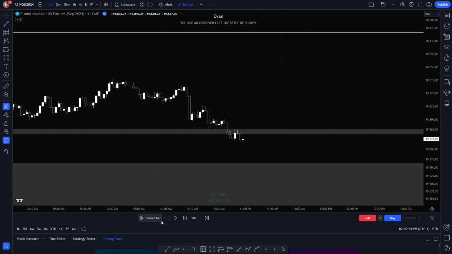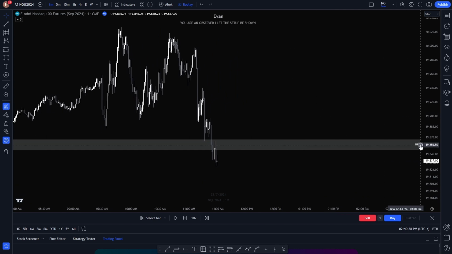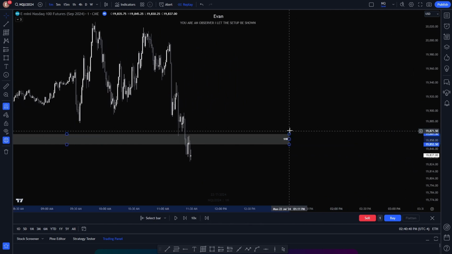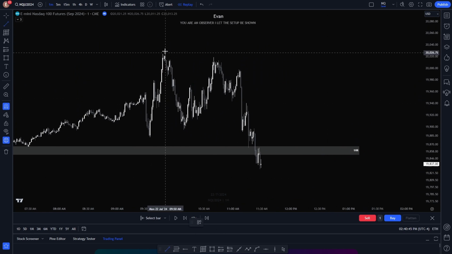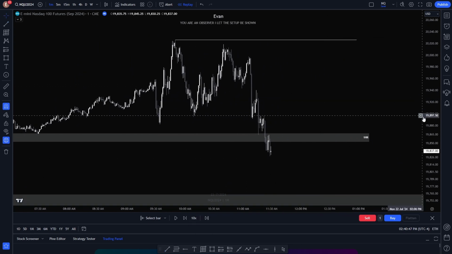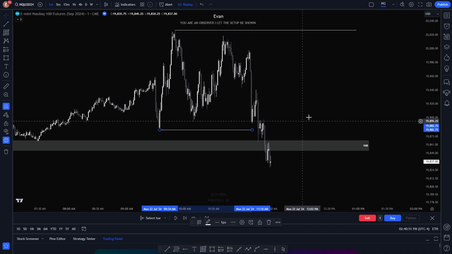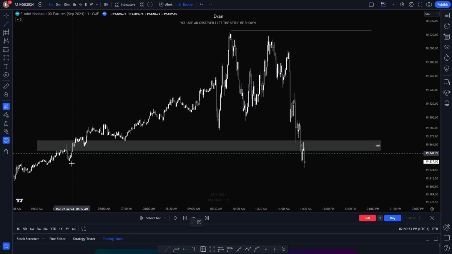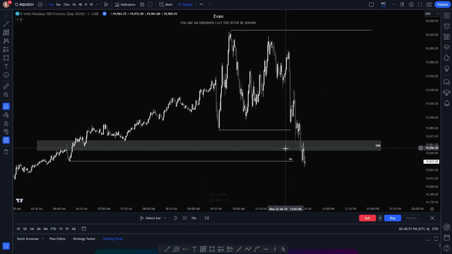After seeing that, now we're going to look for our internal model on the 1 minute. What do I look for in my internal model on the 1 minute? Well, I want to see sell side swept and internal sell side swept. That's exactly what we have here.